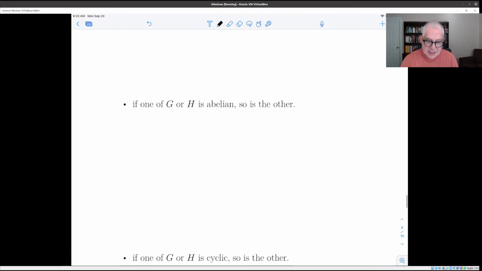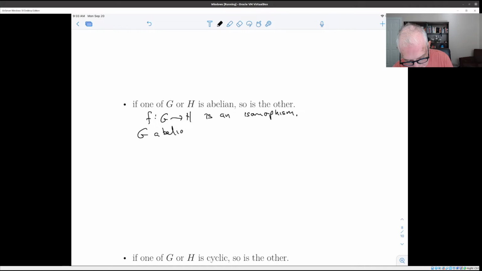And now that means that properties of G carry over to properties of H. So the first is if one of G or H is abelian, then so is the other. So let's suppose that F from G to H is an isomorphism, and suppose that G is abelian. And suppose we have two elements, H1 and H2 in H, which we can write as F of G1 and F of G2.